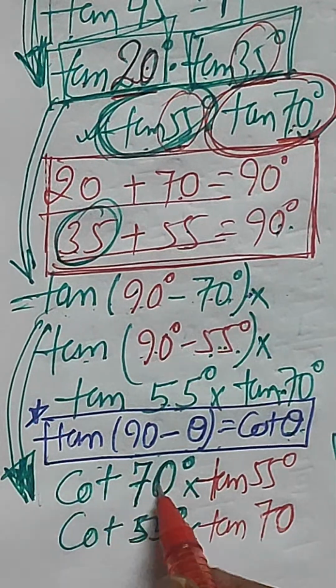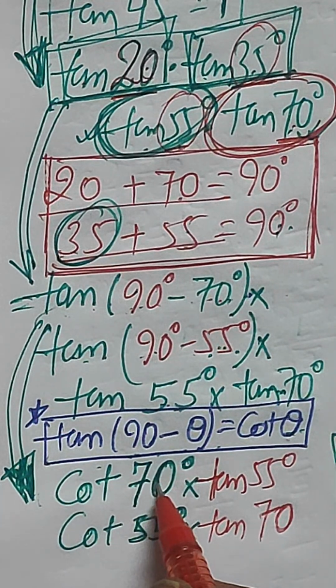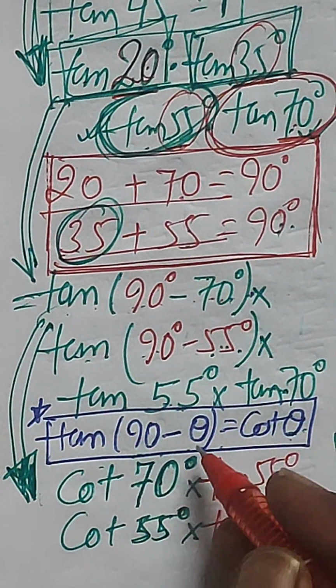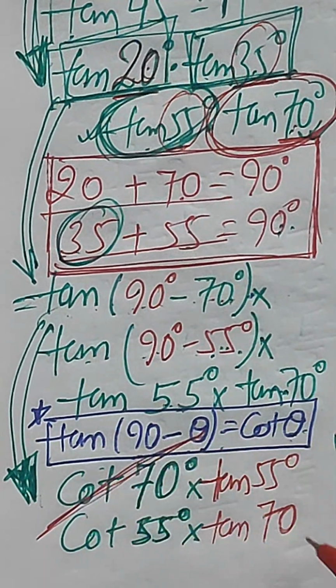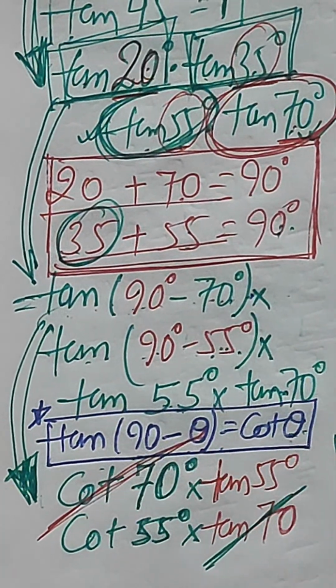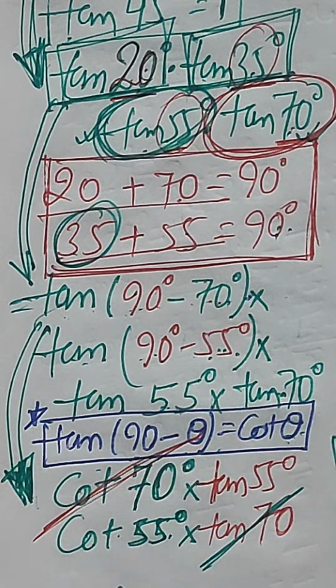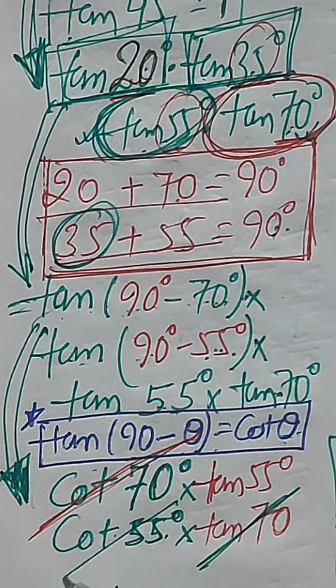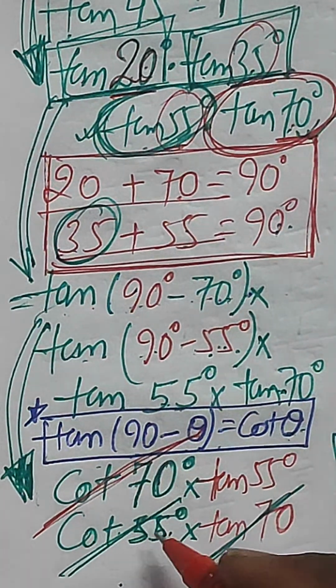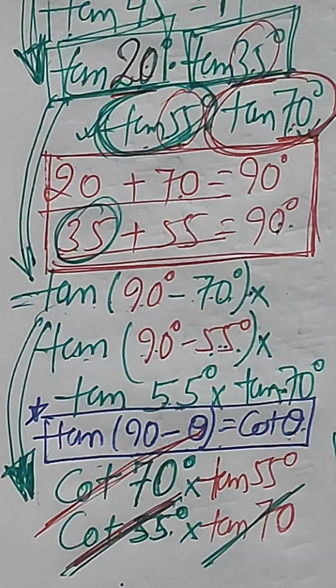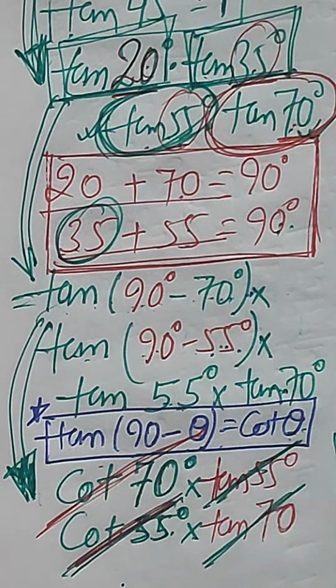You know that cot theta is 1 by tan theta, right? So here we can see this cot 70 degree is cancelled out by this tan 70 degree. Similarly, this cot 55 can be written as 1 by tan 55, so this can be cancelled out with this tan 55 degree, right?